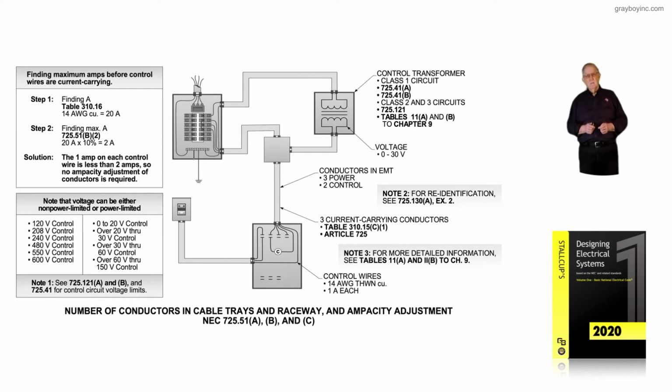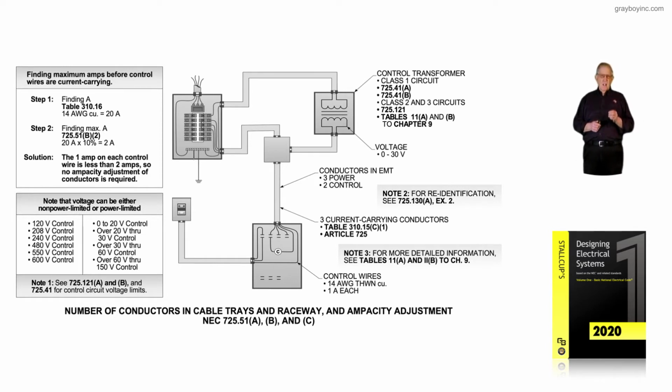Now, let's talk about the transformer first at the right-hand side of the illustration at the top, titled Control Transformer, Class 1 Circuit, and it lists that it could be power limited by 725.41B, or a circuit of unpower limitations by 725.41A.